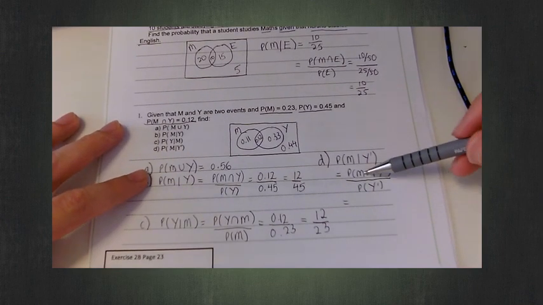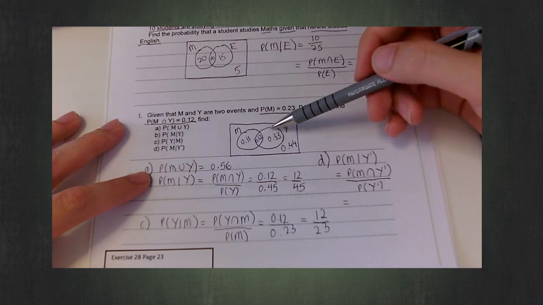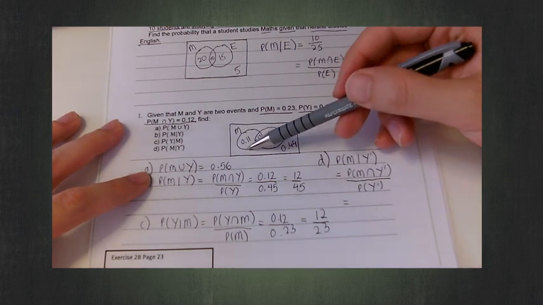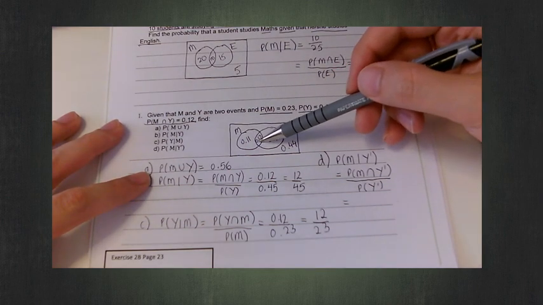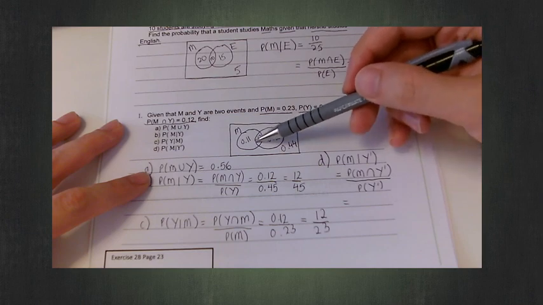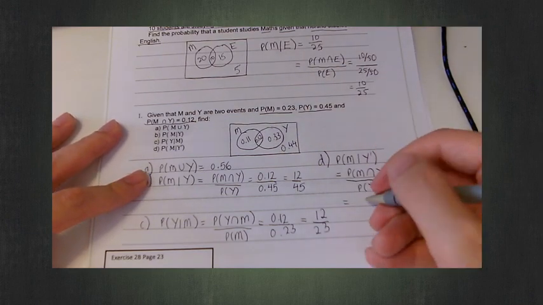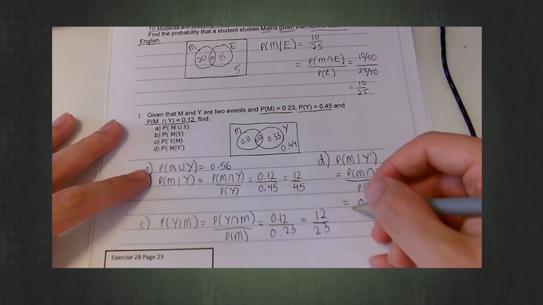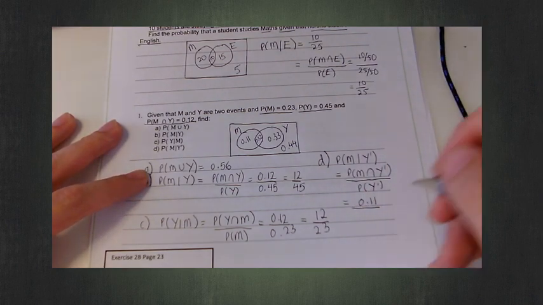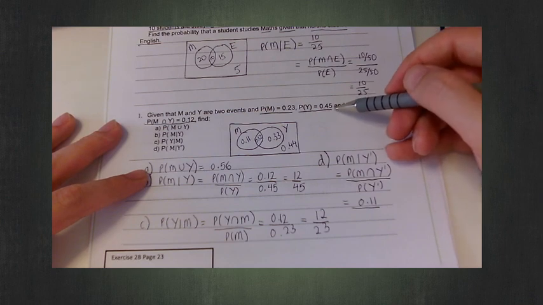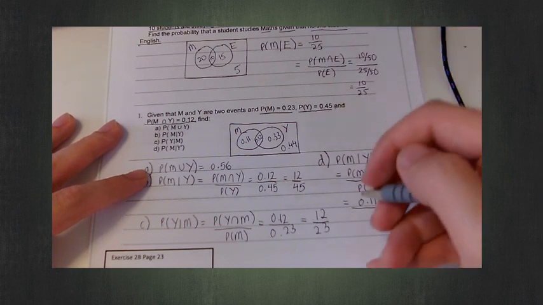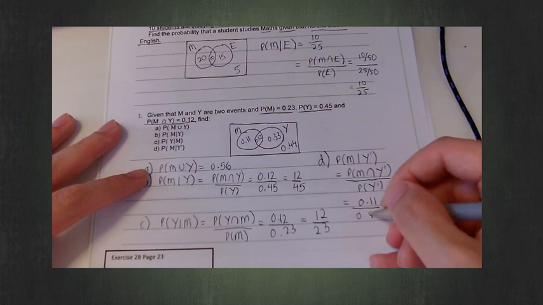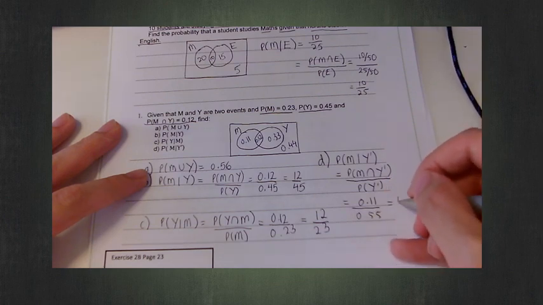What's the probability of M and not Y? So probability of M is 0.11. I don't want anything in Y here or here, so it's just 0.11. It's the intersection. Probability of M and not Y over the probability of not Y, which is 1 minus 0.45, which is 0.55, which is 11 over 55.